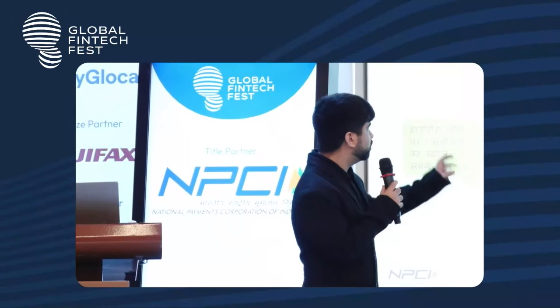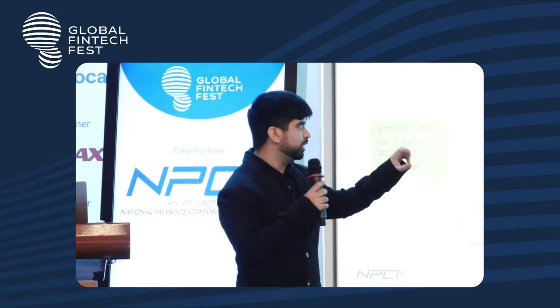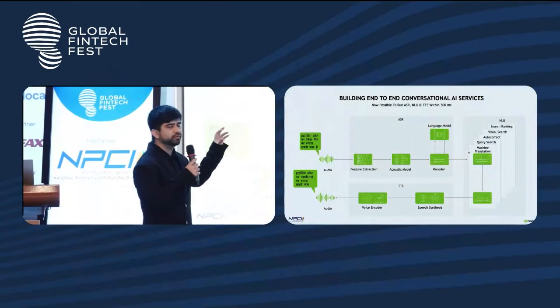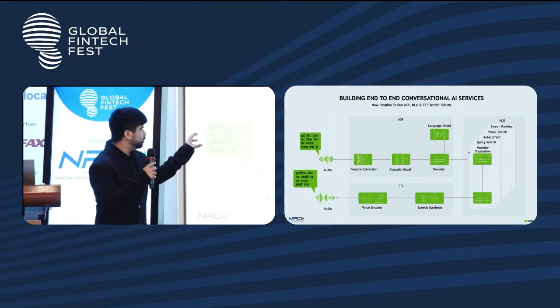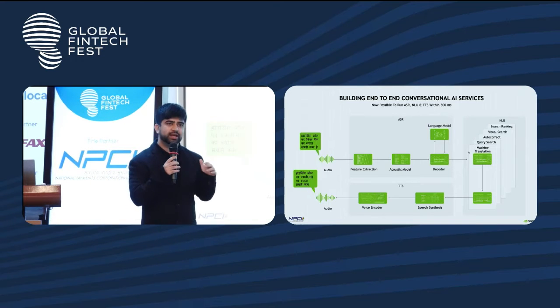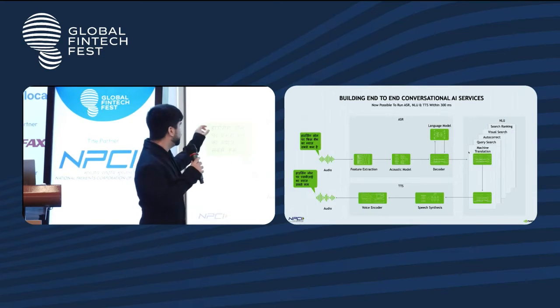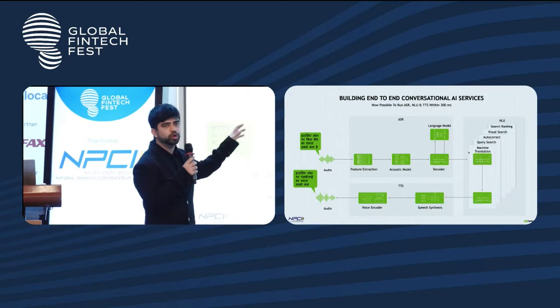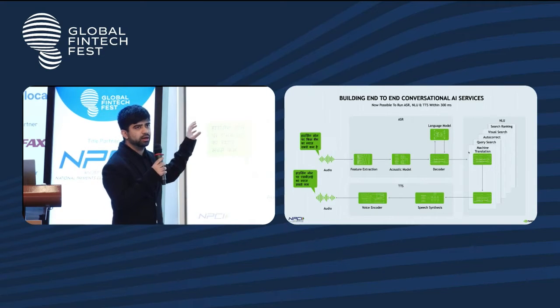If you look at the ASR part of things, I'll briefly talk about the different subcomponents. Here you can see there are 4 modules within the ASR itself. Initially, some raw audio waveform comes into the ASR module.